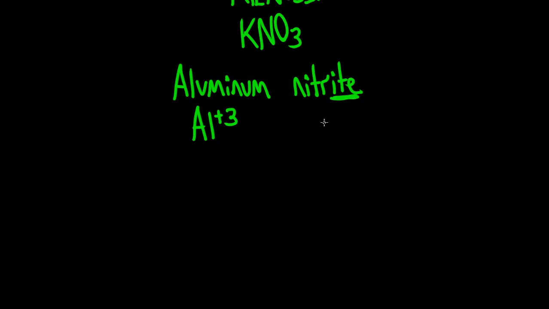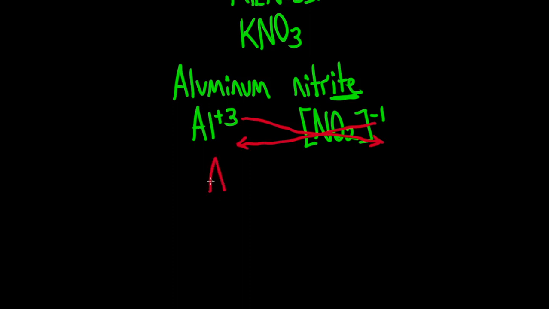So if NO3 is my base state, nitrate, then nitrite is going to be NO2, and that's going to have a -1 charge. And so then I can simply do my crisscrossing. I'm sure you guys are getting tired of seeing all these red and green colors as if it's Christmas time. This is being recorded in July.